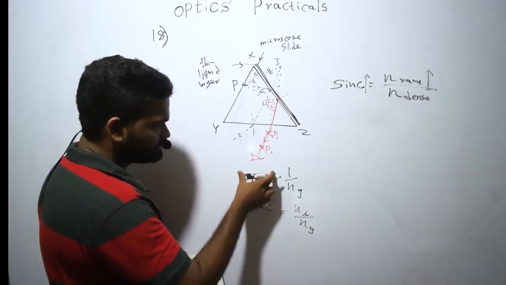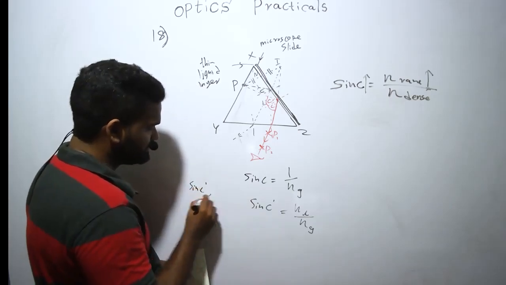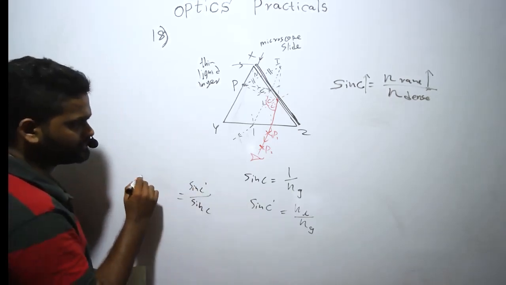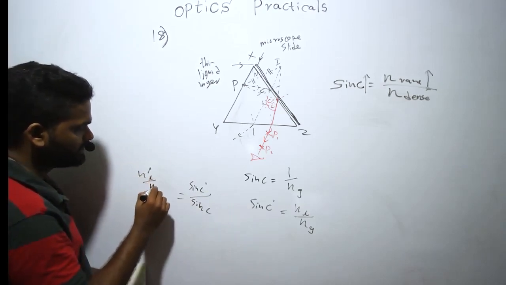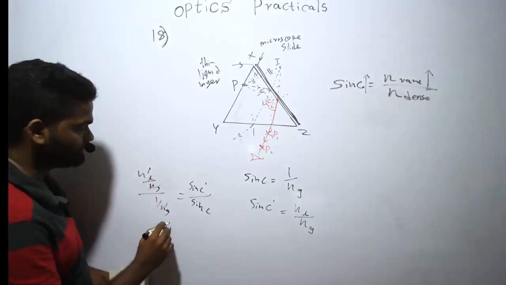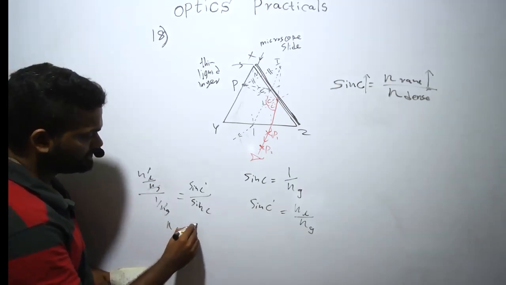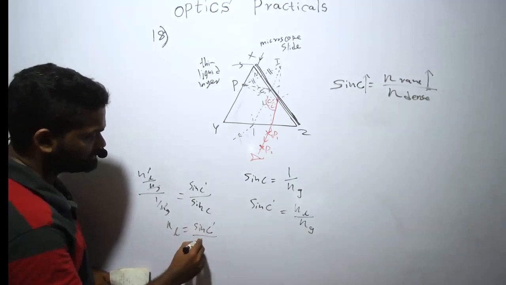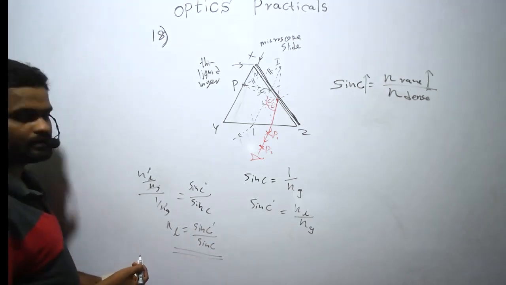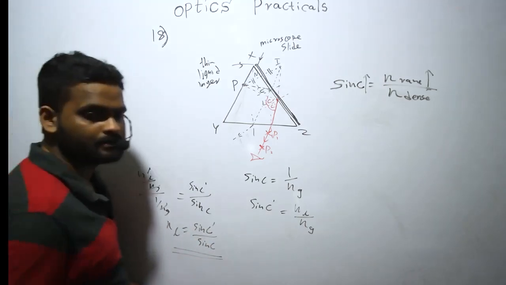So if you divide this by this, sin c dash divided by sin c, what do you get? Sin c dash is NL divided by Ng, divided by 1 over Ng. Ng cancels off, you can find NL. NL is equal to sin c dash divided by sin c. So this is the refractive index of the liquid. Take it down.